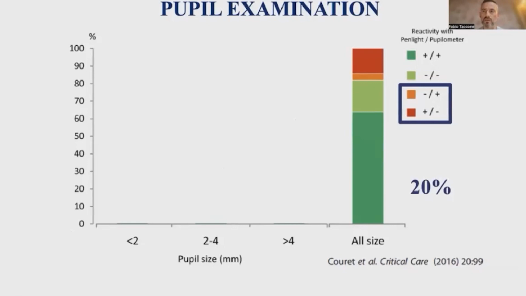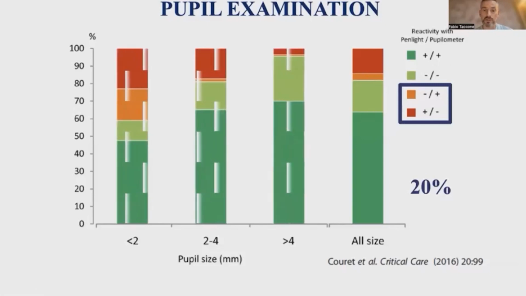And this is a paper from a group in Marseille working in neuro ICU. So these are people who work dedicated and are trained to take care of brain injured patients, which have shown that if you look at the pupillometer, which of course should be considered the gold standard because it can optimally quantify pupil size and pupil reactivity, when compared to the human eye, well, there is a discordance between the human analysis and the pupillometer, here in orange and red, which accounts for 20% of measurements.